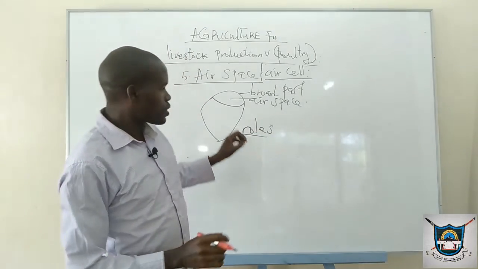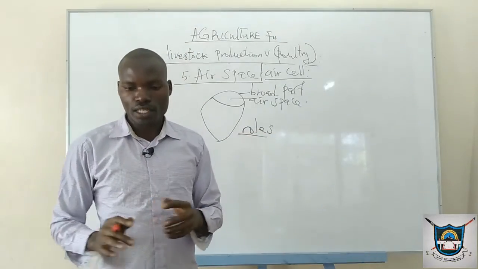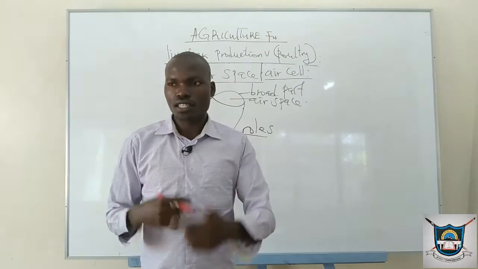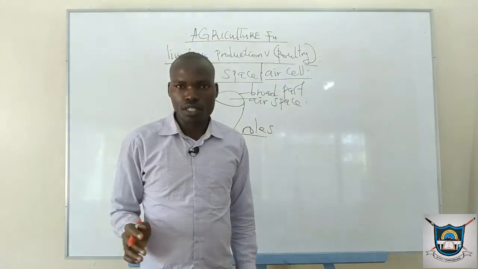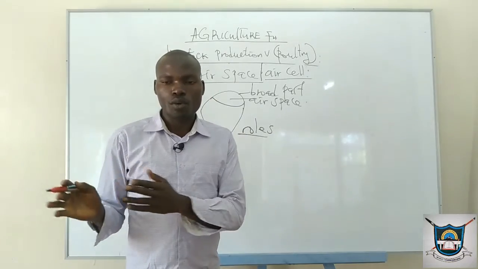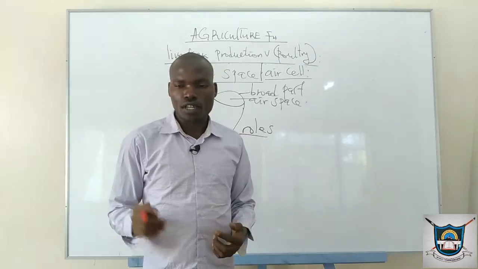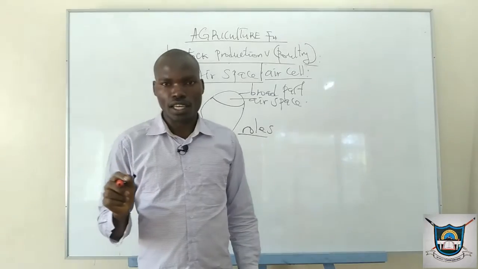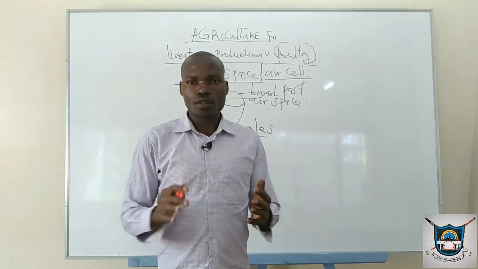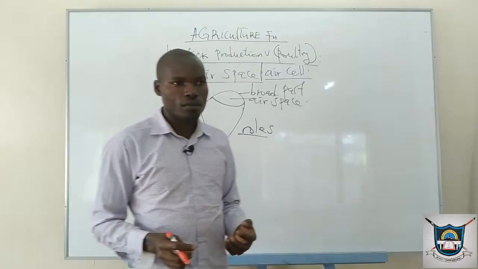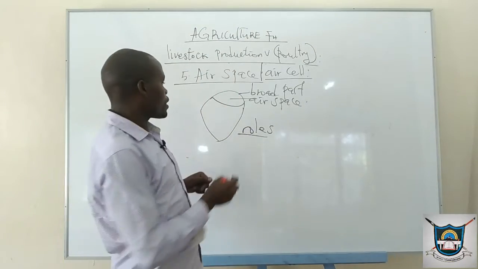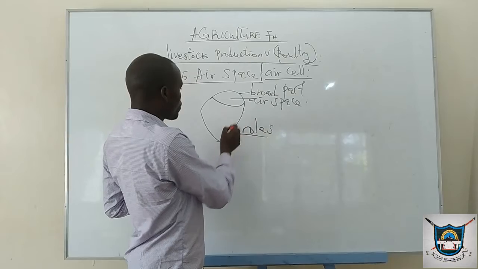The airspace is to enhance free exchange of gases within the egg, mainly during the incubation period. That is the time when the exchange of gases is most required within the egg. Even without incubation, there is still an exchange of gases within the egg, because again we said within the shell we have some pores.